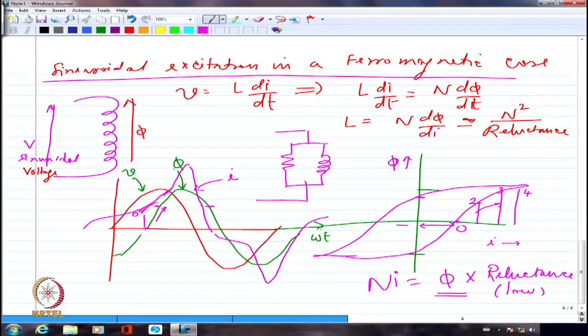I think I made a mistake. I should show it as though at least it is lagging by some quantity. So I should actually erase this portion, right? And I am showing it as though basically, it is lagging behind at least by certain angle. Clearly, even here, it should probably go through this.